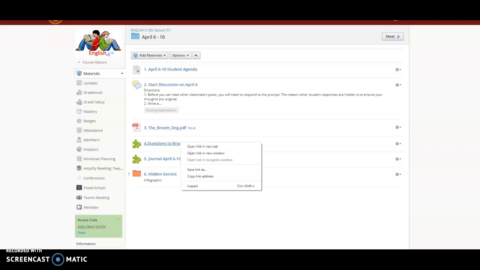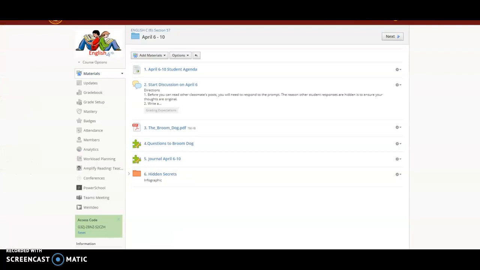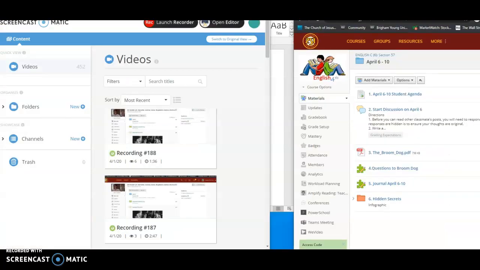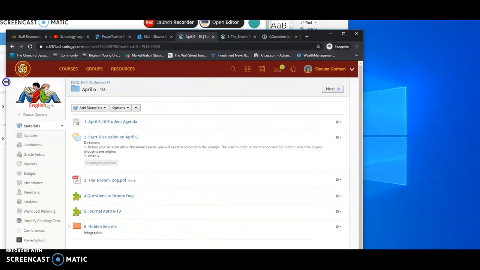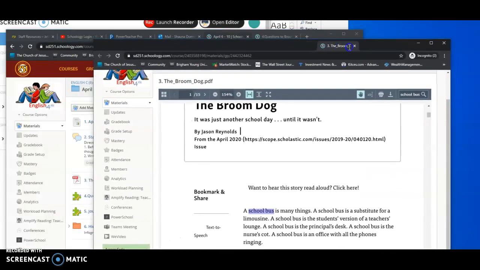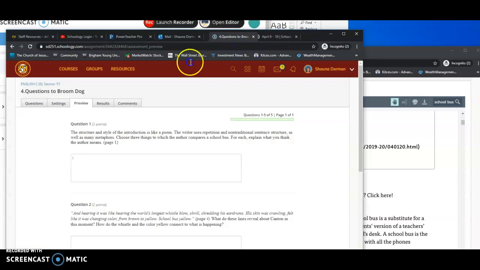So now you can see right here, I have my two tabs, okay? I'm going to press down on it and actually physically pull it out, and then I'm going to pull the other one out.